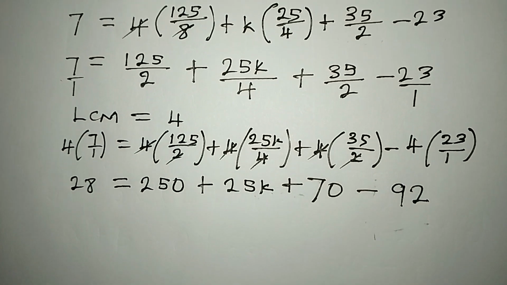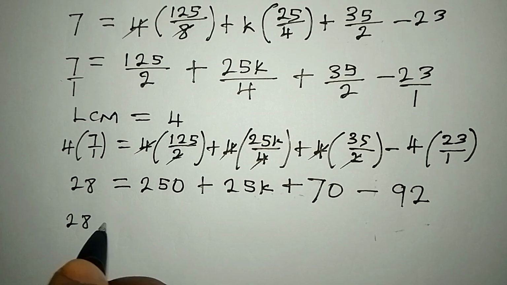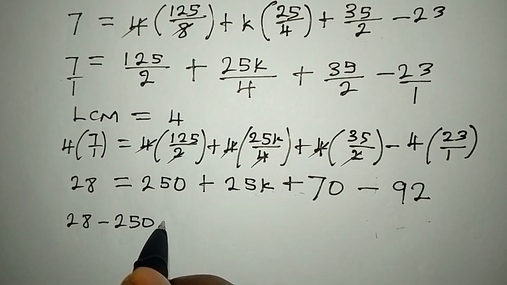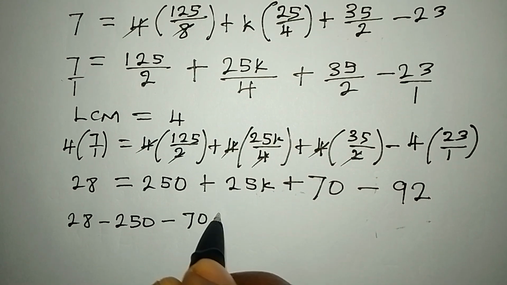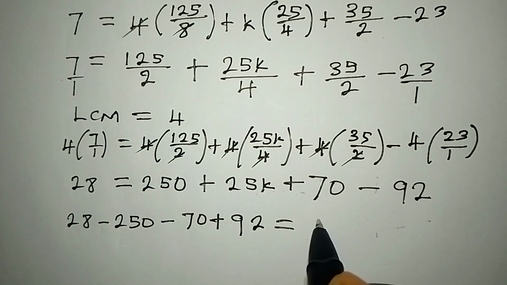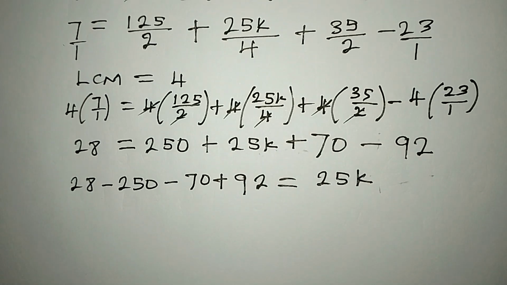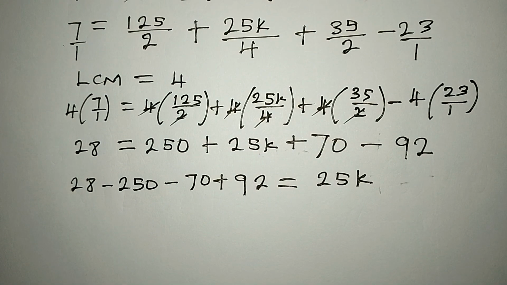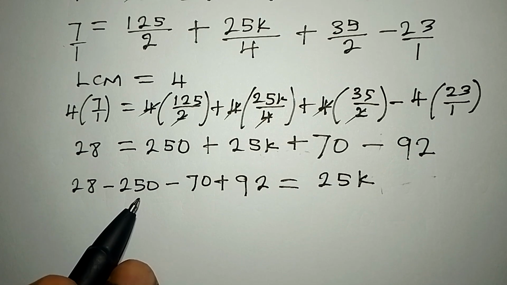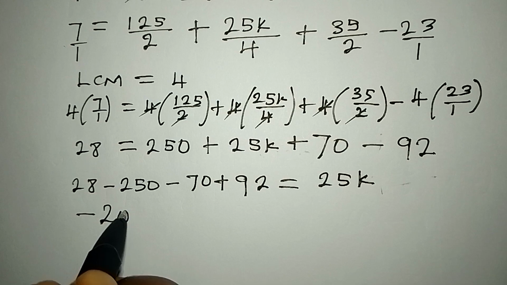So from here, let's work on this very quickly. We're going to have 28 minus 250. I'm collecting like terms. Minus 70 plus 92 equal to 25k. Remember, I'm collecting like terms, right? Okay, so 28 minus 250 minus 70 plus 92 will give us minus 200.